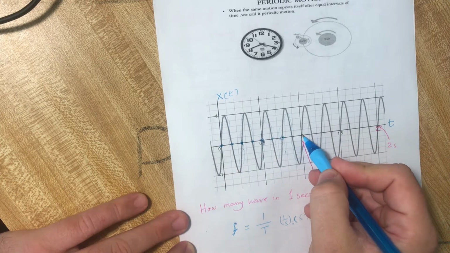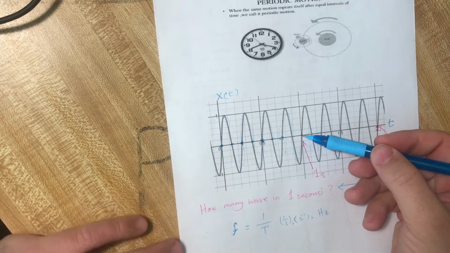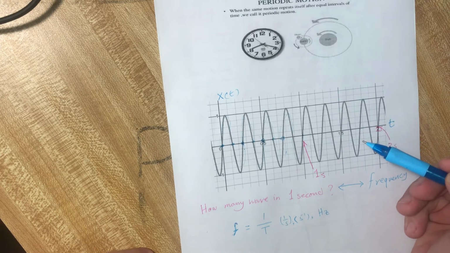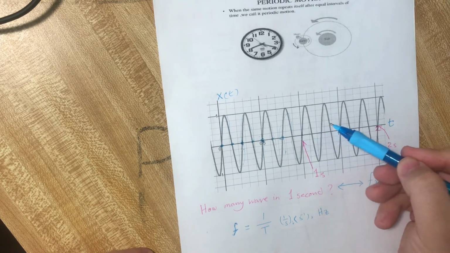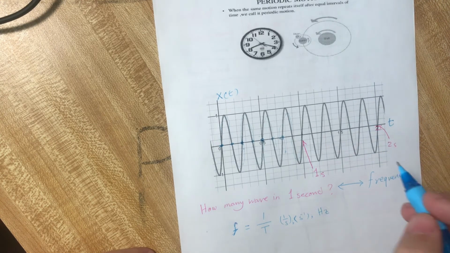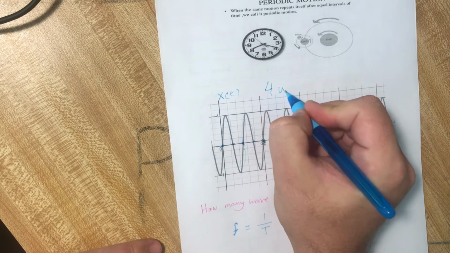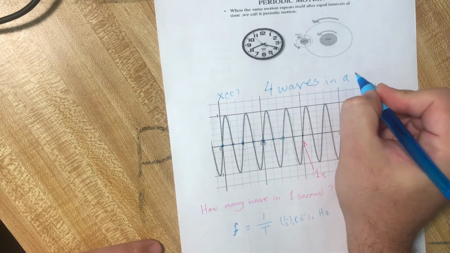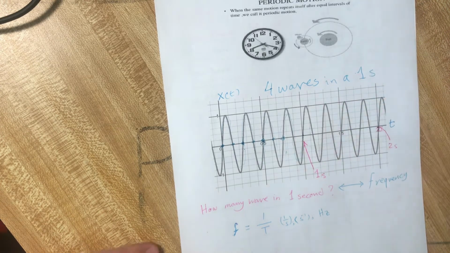Then the first second ends, okay? The second one also has 1, 2, 3, 4 waves. So we have 4 waves in 1 second. Okay?